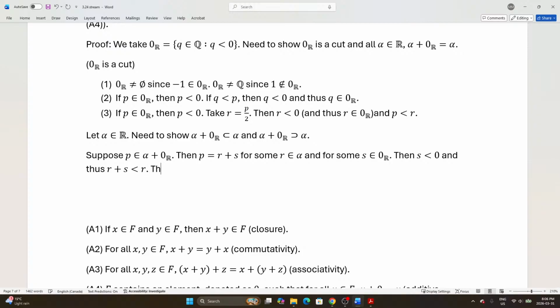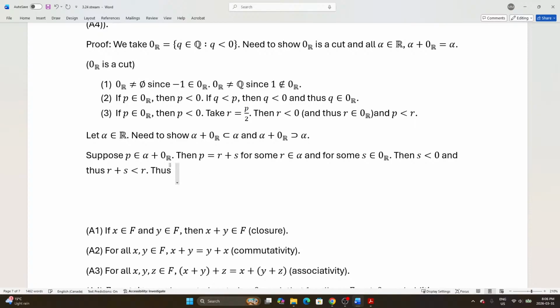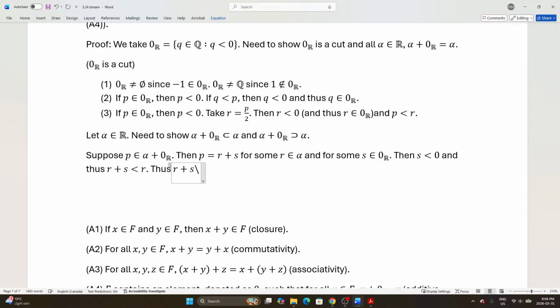Thus R plus S is in alpha due to the second property of cuts. So P, which equals R plus S, is in alpha.